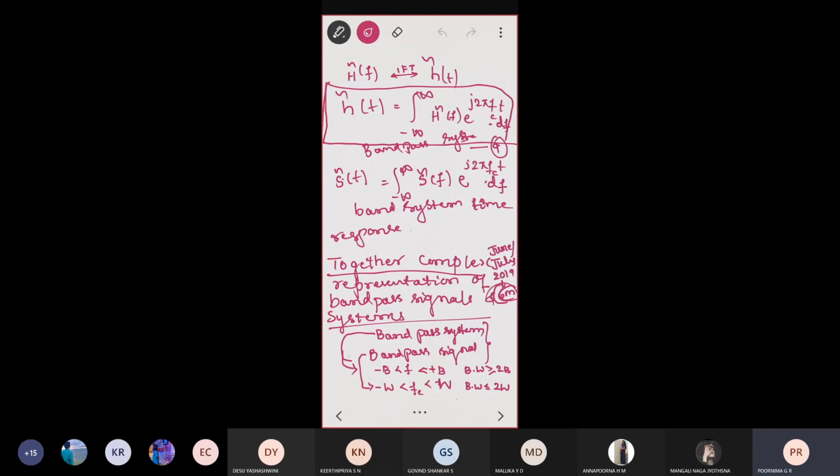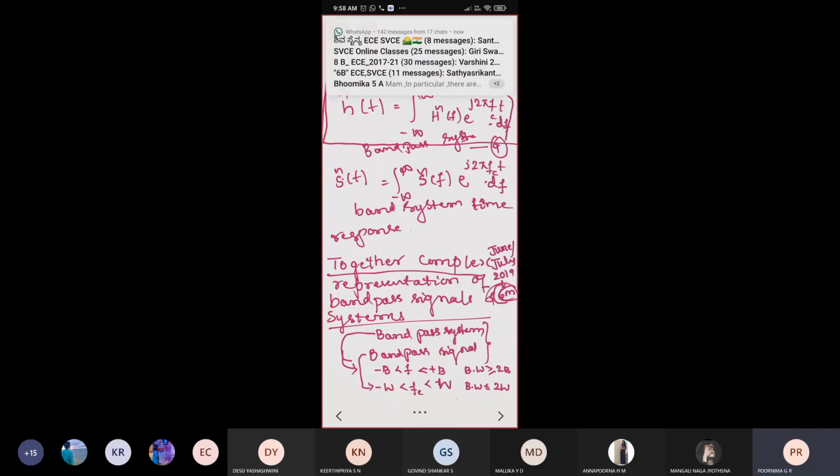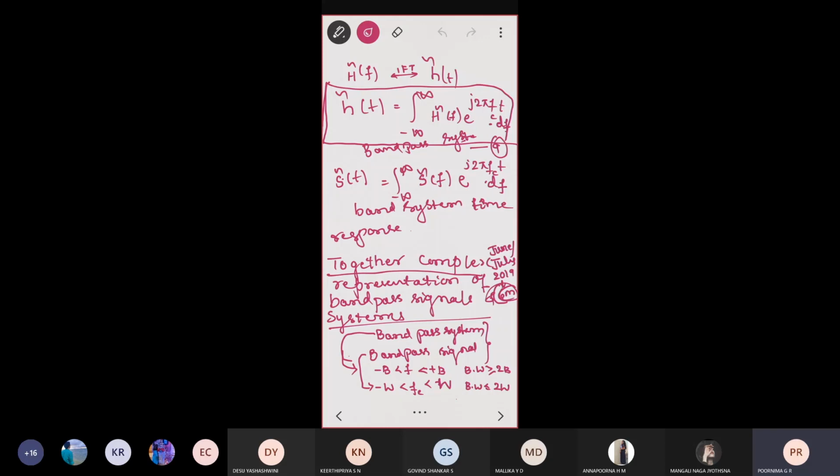If you go for this bandpass system, we know that it is a system whose bandwidth is limited between minus B to plus B with center frequency fc, or you can say that the whole bandpass system's bandwidth will be greater than or equal to 2B.